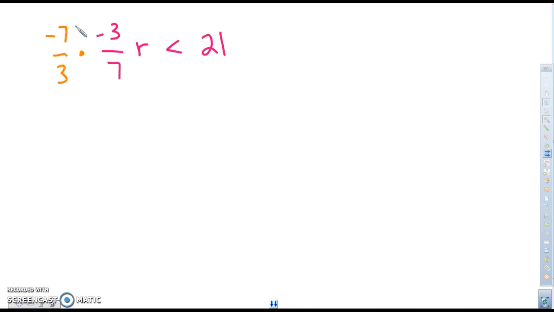Let's go ahead and do another one, just because there's a funky rule when we multiply and divide with inequalities, and I want to make sure we remember it from the last time we did these. So if I have -3/7 r less than 21, again, I'm going to multiply by the reciprocal, so I'm going to multiply by -7/3. And because I'm multiplying by a negative on both sides, that's where this funky rule comes in.